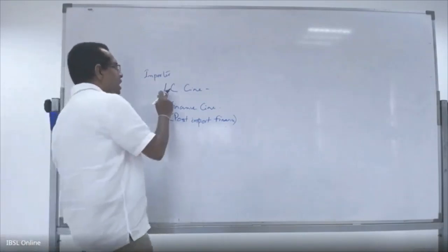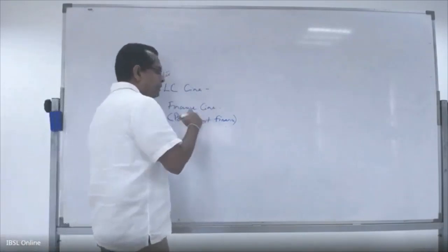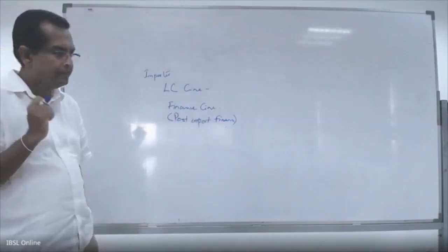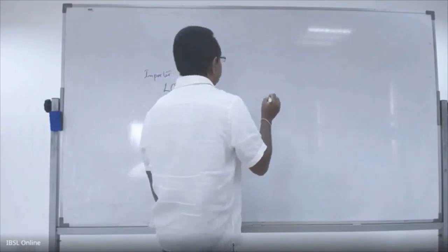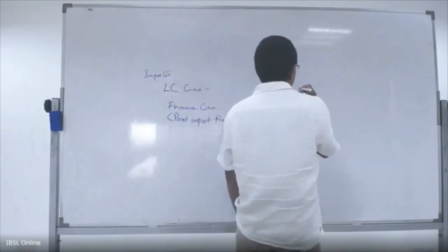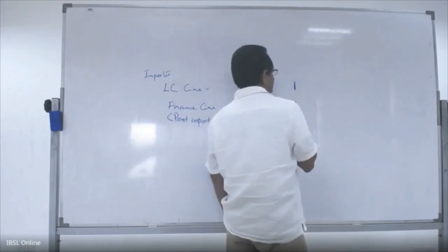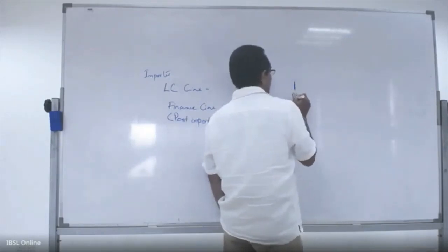Firstly, we will see how we are going to calculate the LC requirement of a customer, right? It's like this. We say, we open the LC for purchase order.